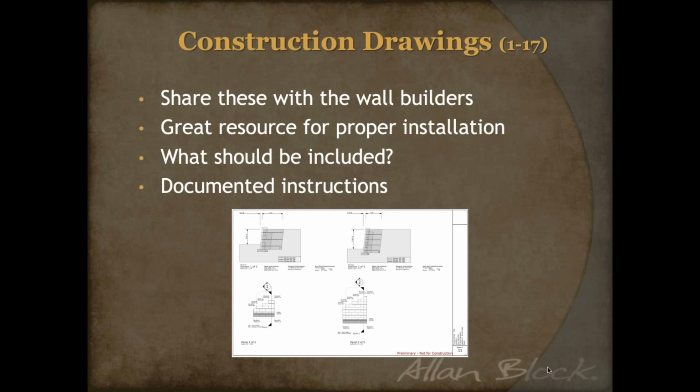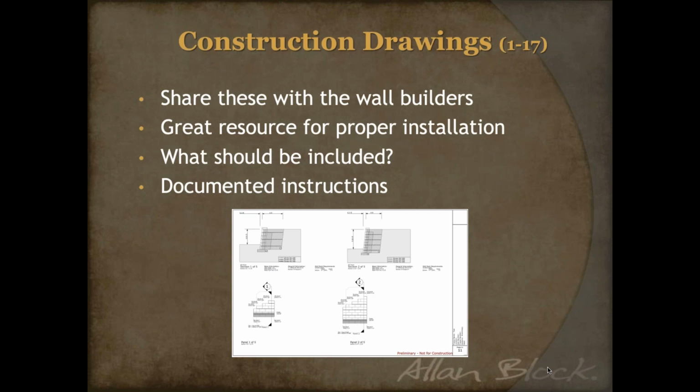And if you're wondering what to include on those shop drawings, I would encourage you to look at Chapter 1 in Section 17 of our best practices, and it's going to show you a list of what to include on them. Like I said, these are so important because it's going to provide a lot of instruction for the wall installer who might not know anything regarding special instructions or what layers geogrids go on.